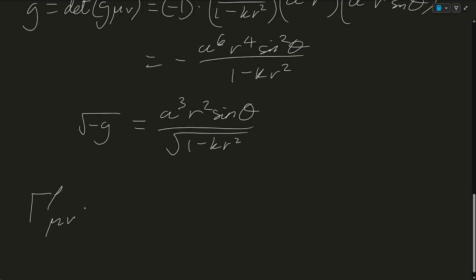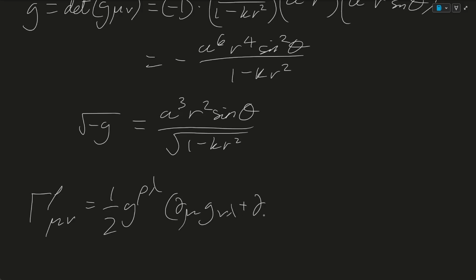Gamma rho mu nu is equal to half g to the rho lambda times d mu g nu lambda plus d nu g mu lambda minus d lambda g mu nu.